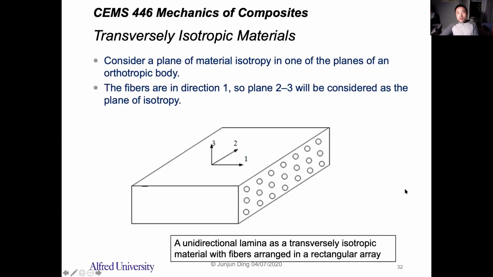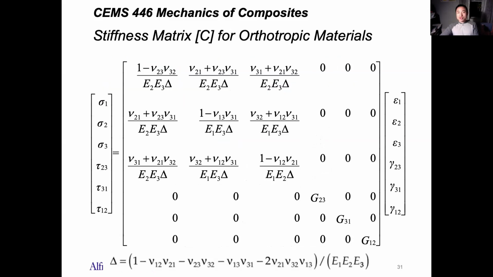So for our lamina, a more general case is not only orthotropic. Usually for most of our lamina, one layer, one ply lamina, is an orthotropic material.